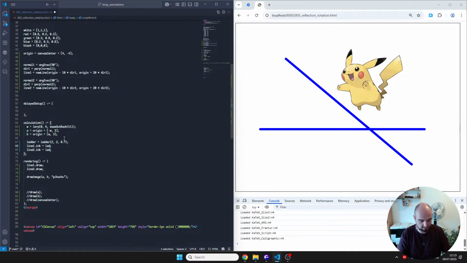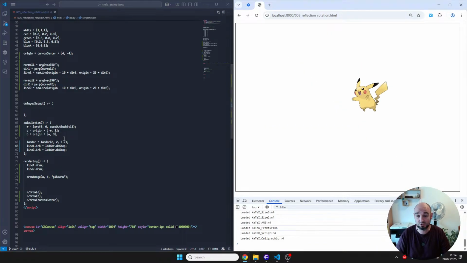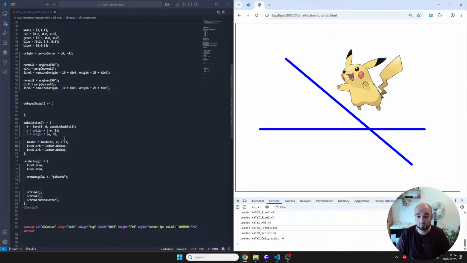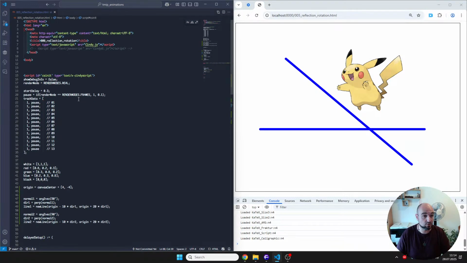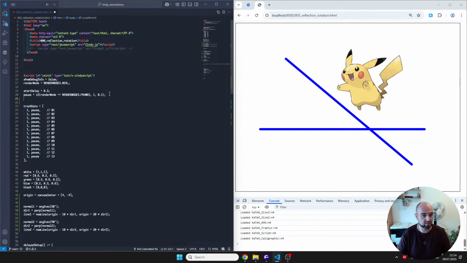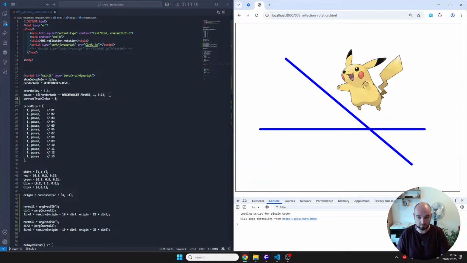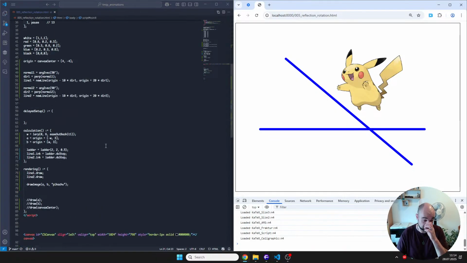And then I can write something like this in my package, and they are offset a little bit automatically. Right. And now we want to move them. So let's go over here and say current track index is 3. So we can start at the end.